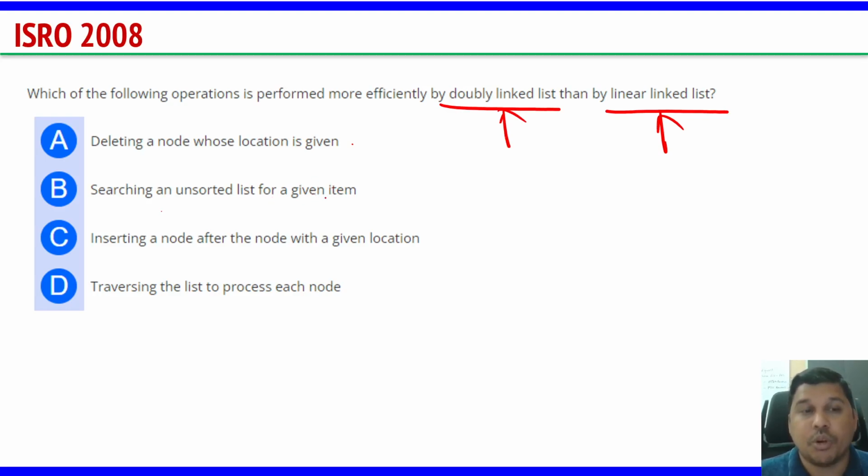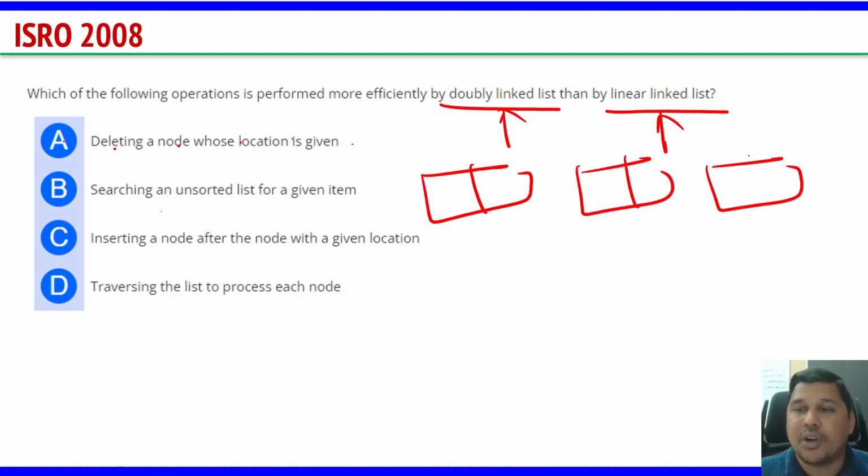Okay. So, if I perform this, let us see the first option, deleting a node whose location is given. I think we are repeatedly seeing this question of deletion. In a single linked list, if I want to delete this node and some pointer p is given, how much time does it take?